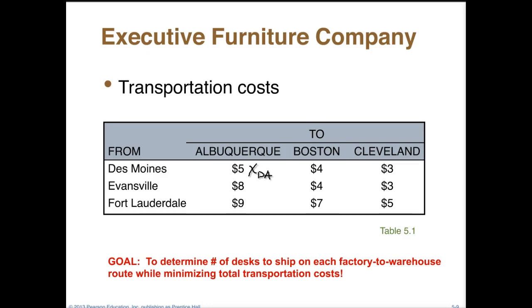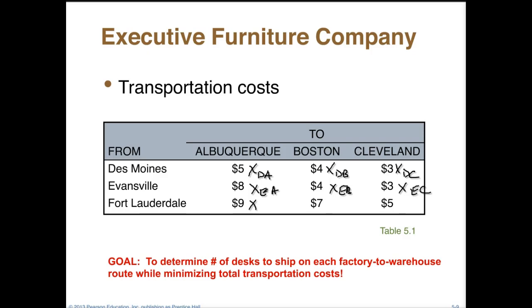So here, this is $5 times the number of products that you ship from Des Moines to Albuquerque. Of course, this is from Des Moines to Boston, from Des Moines to Cleveland. The next is from Evansville to Albuquerque, from Evansville to Boston, and from Evansville to Cleveland.